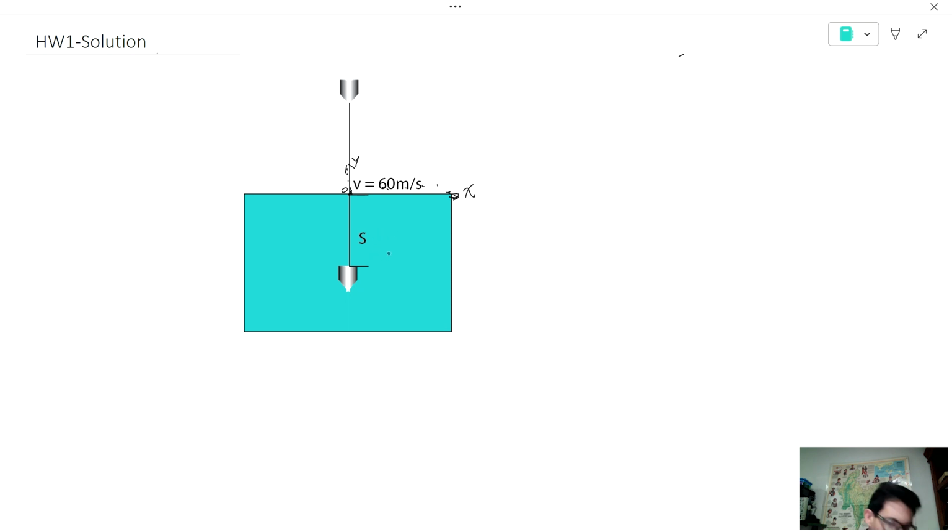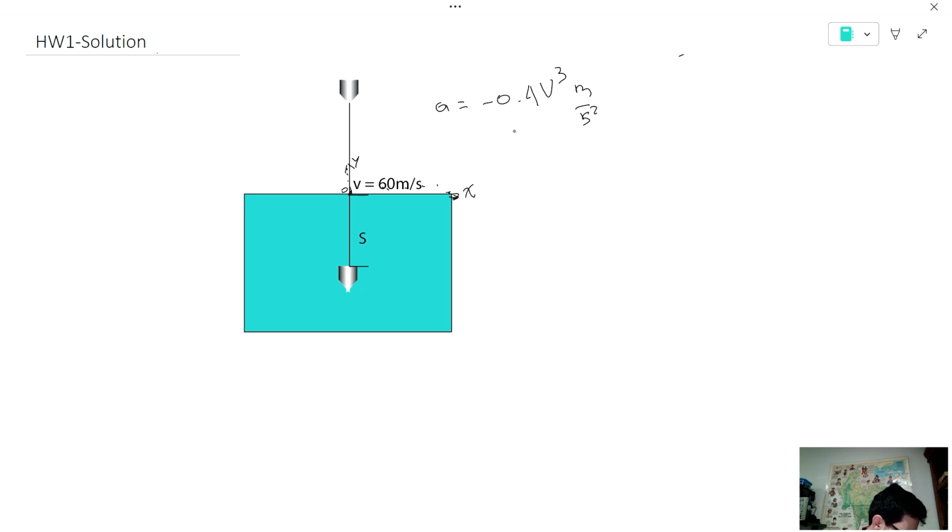And the equation for that is a equals negative 0.4 v cubed, v to the cubic power. And this is obviously in meters per second squared. All right, so this is the function.